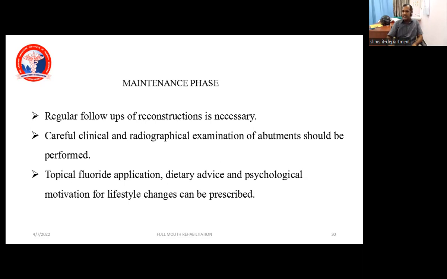Even that has to be prescribed to the patient, because there is no single factor, okay, it is a multifactorial disorder. There is no single point cause for this ailment.